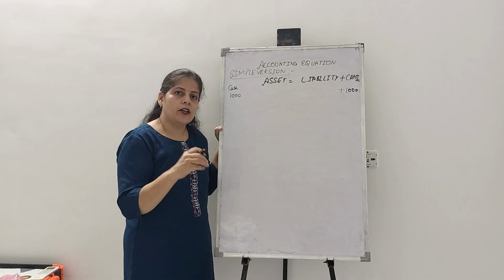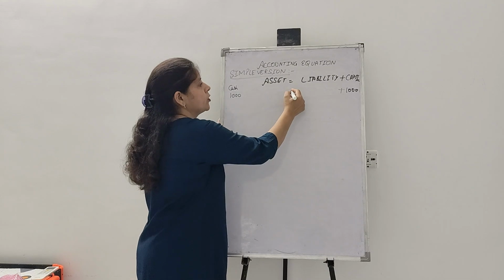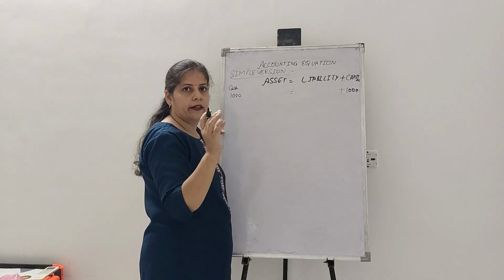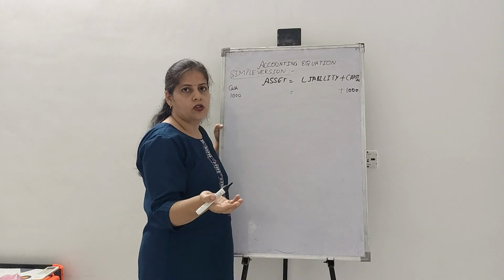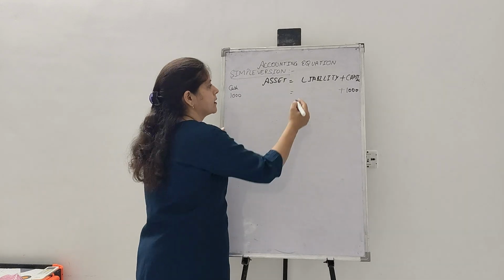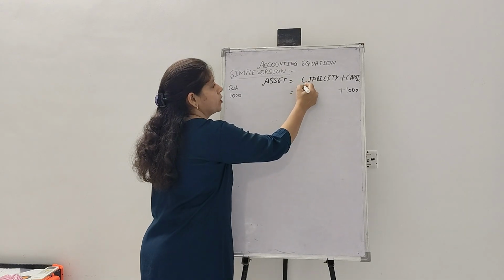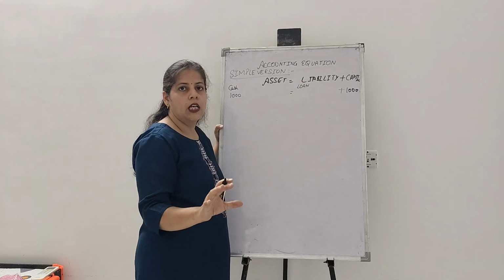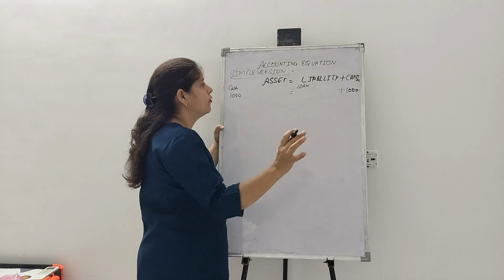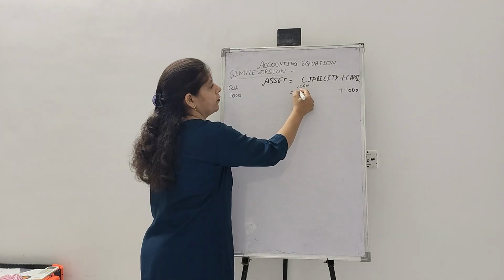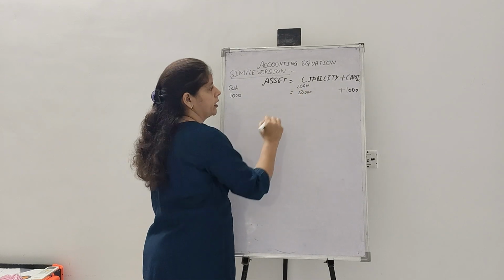Now one of his friends helped him arrange a cart on an installment, loan basis, a cart worth, let's say, 50,000.